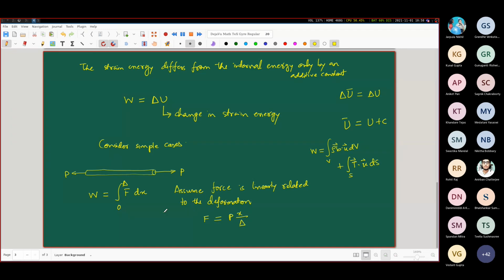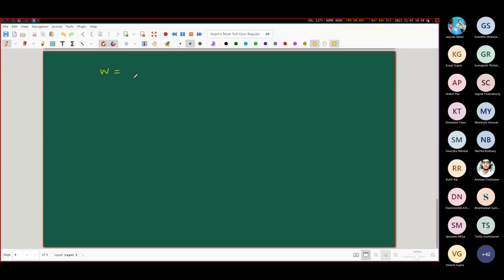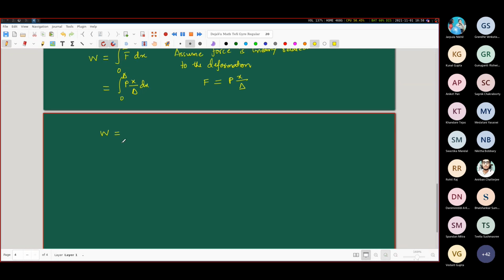And if we substitute this expression here, what we obtain is the integral of P x by delta dx, from 0 to delta. And if I just go to the next page quickly, this W is going to end up as P by delta into delta squared by 2. So this becomes half of P into delta.